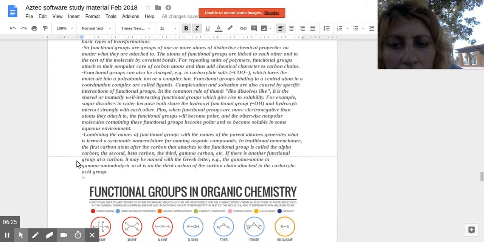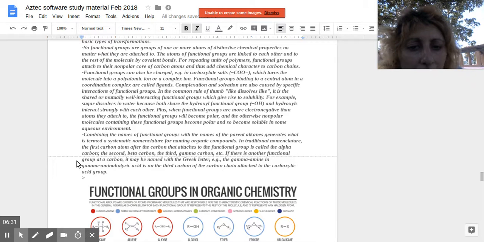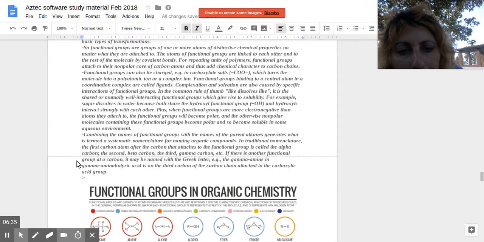For example, sugar dissolves in water because both share the hydroxyl functional group, OH, and hydroxyl groups interact strongly with each other. So water as well as sugars have OH groups.